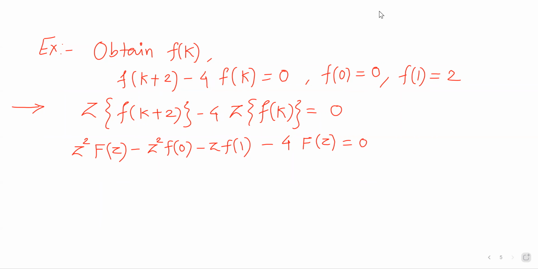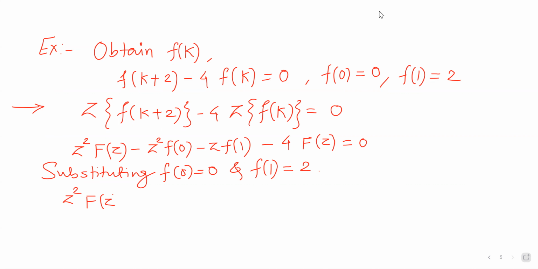What is f of 0 given? So substituting, f of 0 is 0 and f of 1 is 2. So we get z square f of z, f of 0 is 0 only, so this term is 0, minus 2z minus 4 f of z is equal to 0. So what do we get?